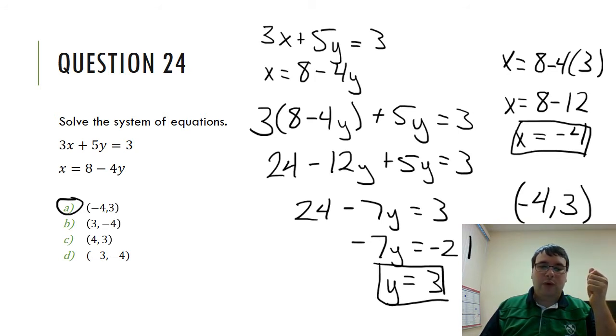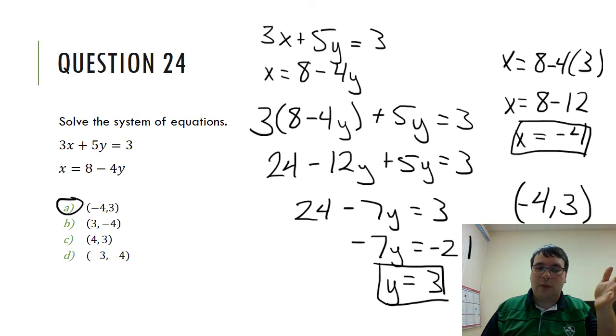That's 24 minus 12y plus 5y equals 3. That's 24 minus 7y equals 3. Just combining like terms. If I subtract that 24 over, that's a negative 7y is equal to a negative 21. Divide by negative 7, y is 3.